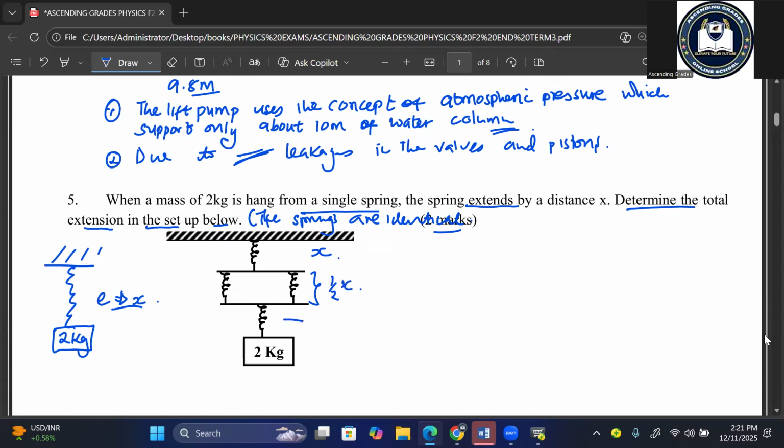And then the last one will be extended by x. So the total extension will be x plus x plus half x. Now this one you get 2.5x. So that will be the extension.